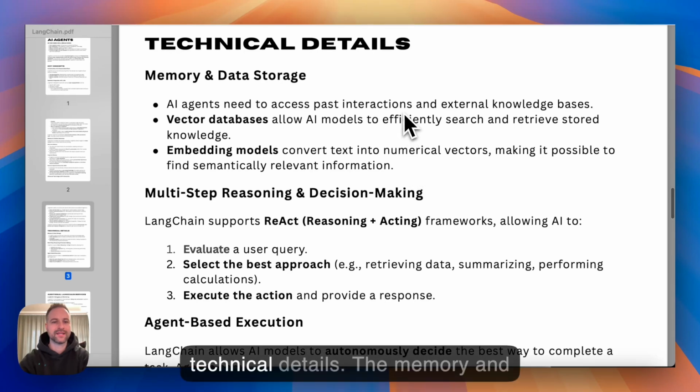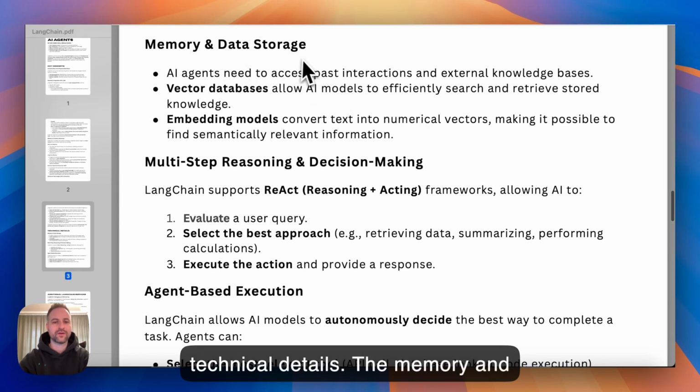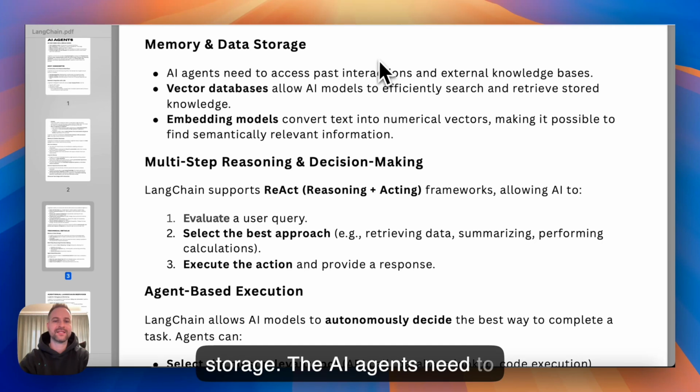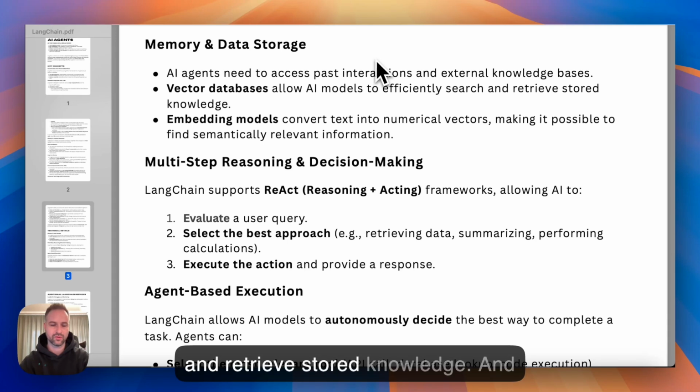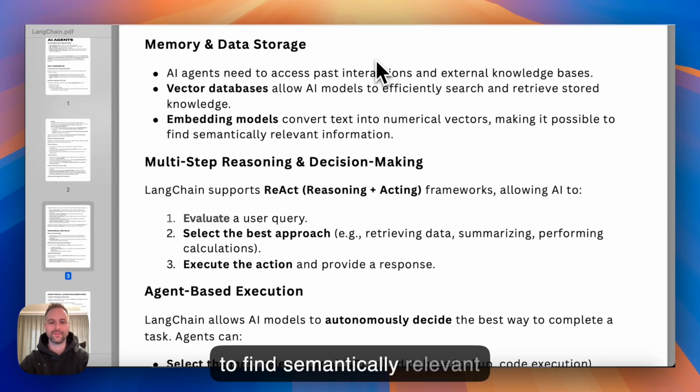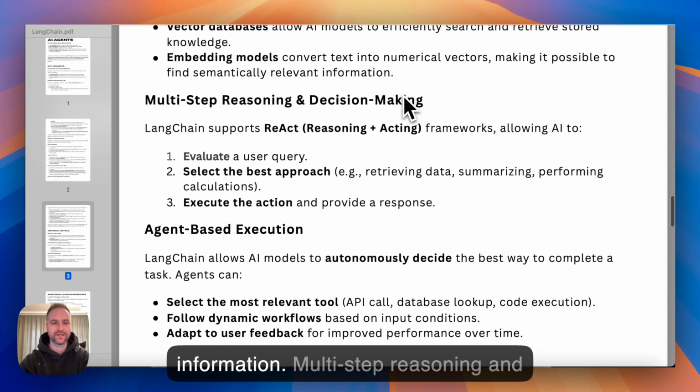A little bit of technical details. The memory and storage: AI agents need to access past interactions and external knowledge bases. Vector databases allow AI models to efficiently search and retrieve stored knowledge, and embedding models convert text into numerical vectors, making it possible to find semantically relevant information.